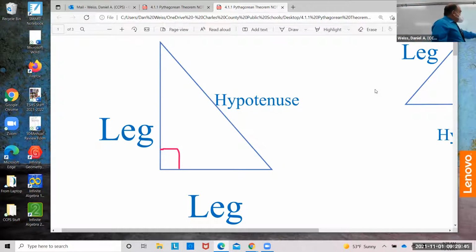Do you see how this square corner, this little pointy thing, I think of it like an arrow? It points to the hypotenuse.